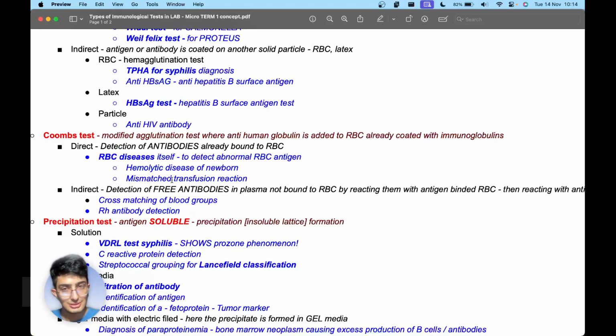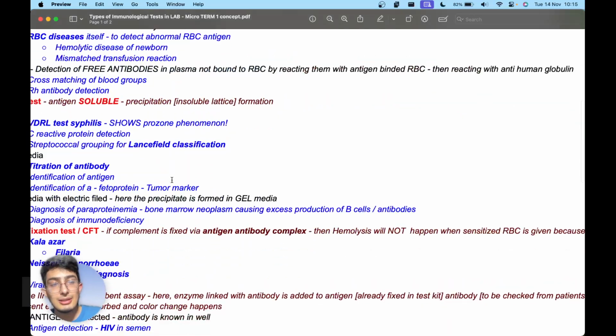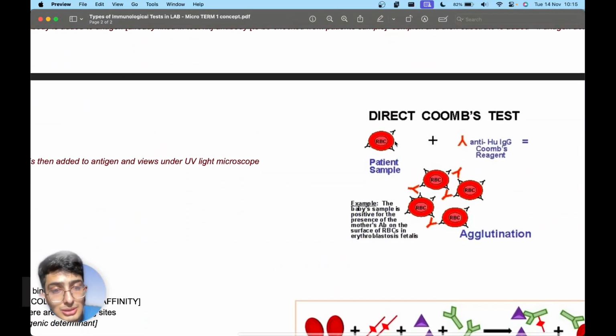So if a child is there and we want to know whether the child has hemolytic anemia or not, if the child has hemolytic anemia, the child's RBCs should have anti-RBC immunoglobulin attached to them, right? Because the child is having the autoimmune disease. So we take a little bit of blood, and in the blood of the child, the RBCs will be attached with the self-reacting immunoglobulin if the child has autoimmune hemolytic anemia.